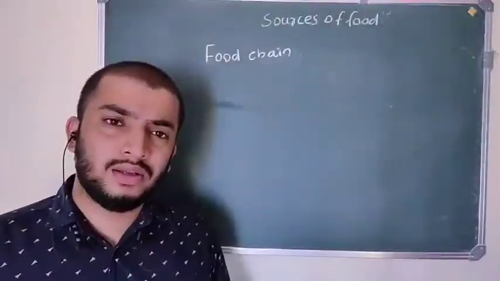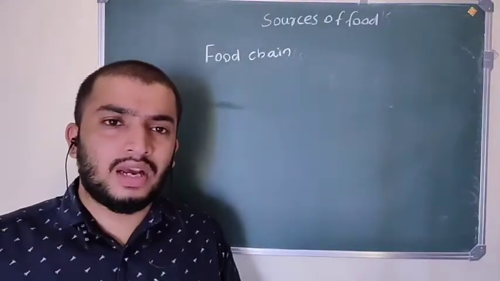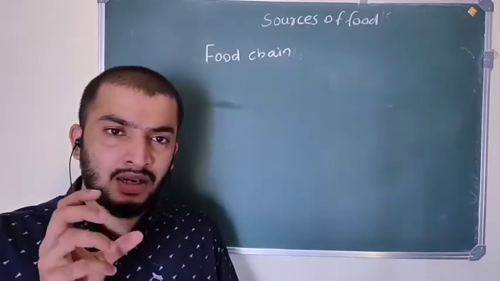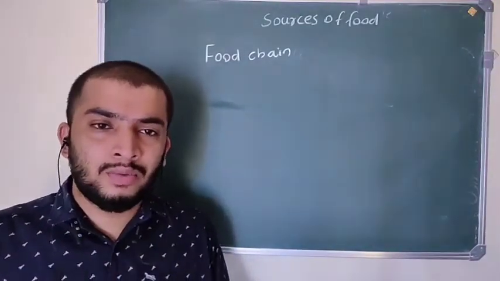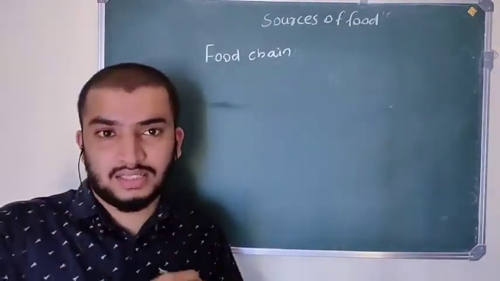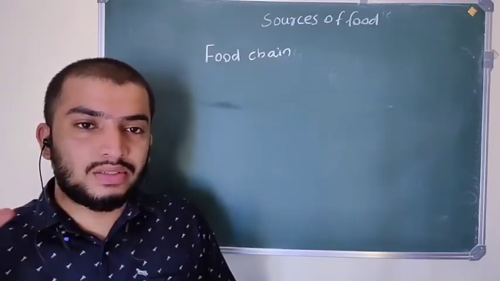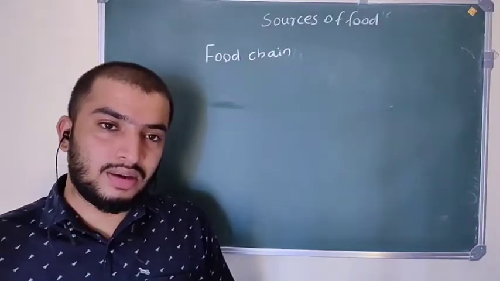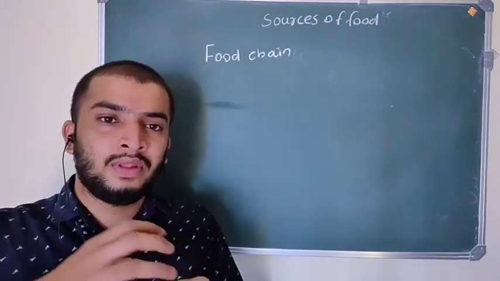Next we are going to look at the food chain. So what is a food chain actually? For example, did you see a grasshopper, the green colored insect? What does the grasshopper do? It eats grass. Then a frog comes and eats the grasshopper.